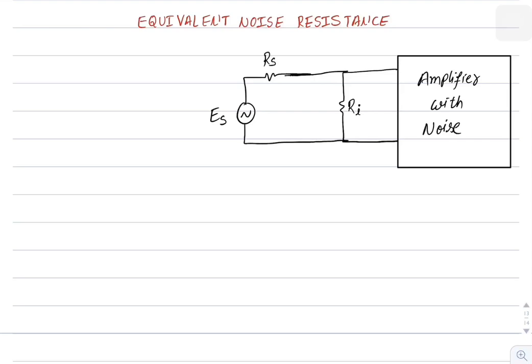The actual input for this amplifier is the one on the left side of this dotted line. The input signal that I am going to amplify is Es, but this complete Es is not delivered to the amplifier because of the input resistance of this amplifier. As a result, the net signal which is reaching this amplifier input part is, let us say, Vn square.